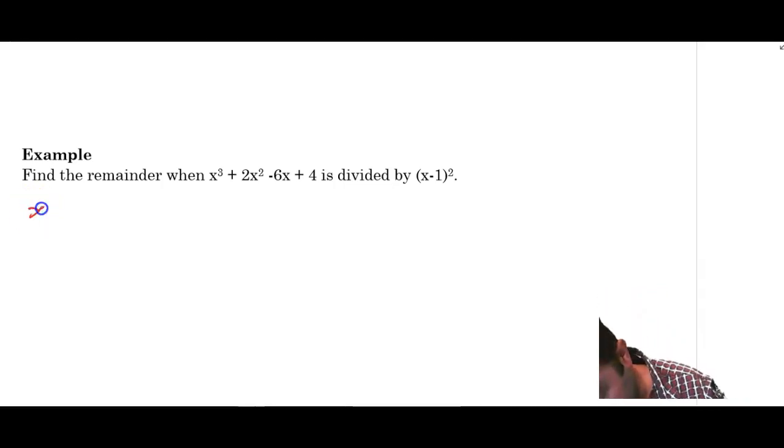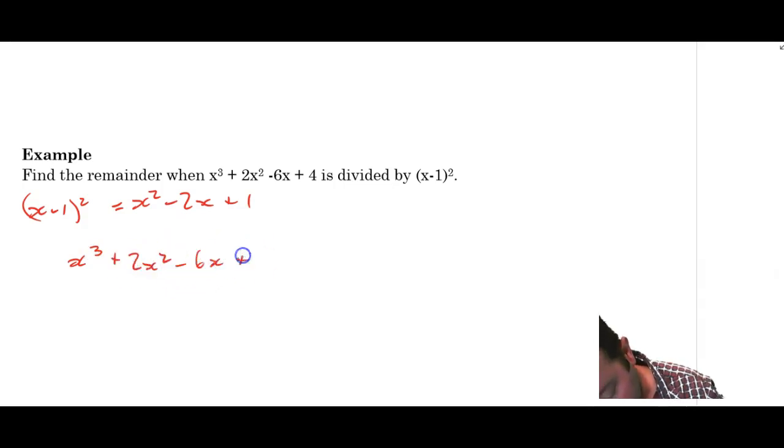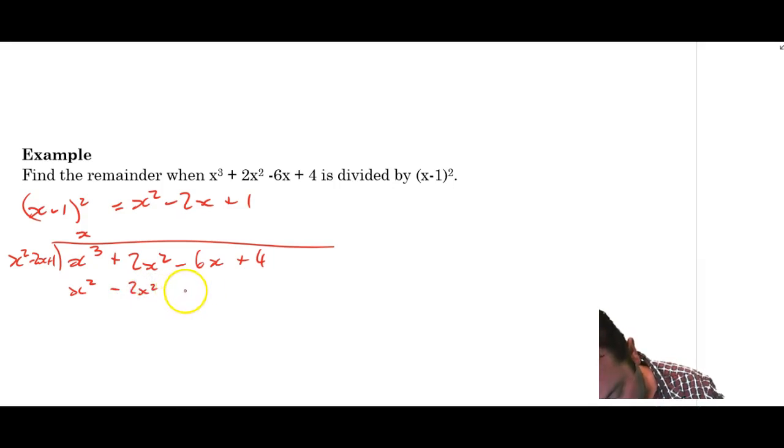All I can do is say x minus 1 squared equals x squared minus 2x plus 1, and then divide x cubed plus 2x squared minus 6x plus 4 by x squared minus 2x plus 1. I get an x here, which gives me x cubed minus 2x squared plus x, and that leaves me 4x squared minus 5x plus 4.